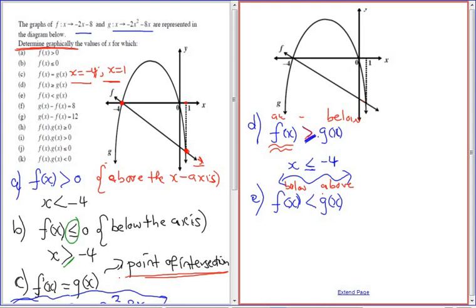It's very clear. At this point, when you have both function of x and gx together in one, use your points of intersection most of the times. Those are the ones that work. Your roots that you normally use will be your points of intersection.